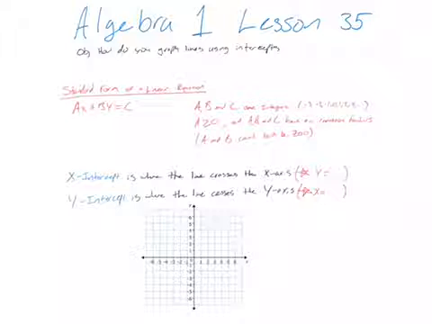So let's talk about what intercepts are. The x-intercept is where the line crosses the x-axis. And the y-intercept is, yes, you guessed it, where it crosses the y-axis. So let's graph some x-intercepts, what some of them might look like. Here's my x-axis. Maybe here's one, maybe here's one, maybe over here's one.